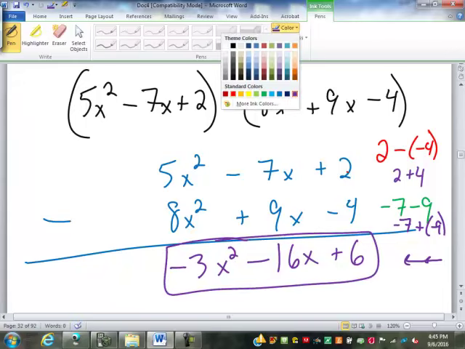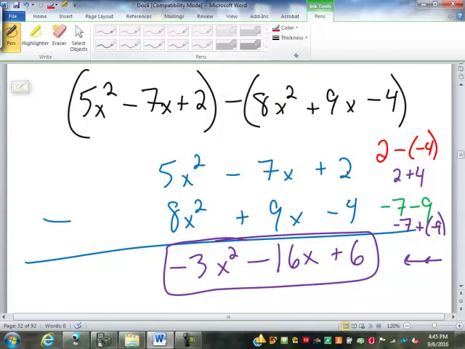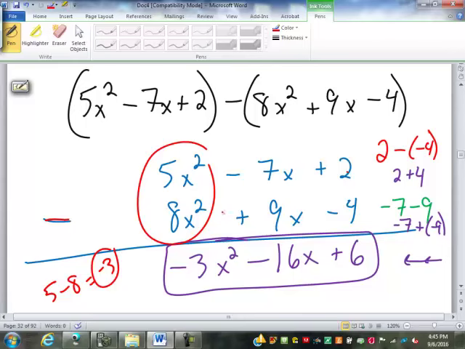Now I want to pause for a second. Usually there's a question or two that comes up at this point. Anybody have questions on what I did? It's 5x squared minus, we're subtracting, so that's just 5 minus 8 is negative 3. Then we have the x squared.